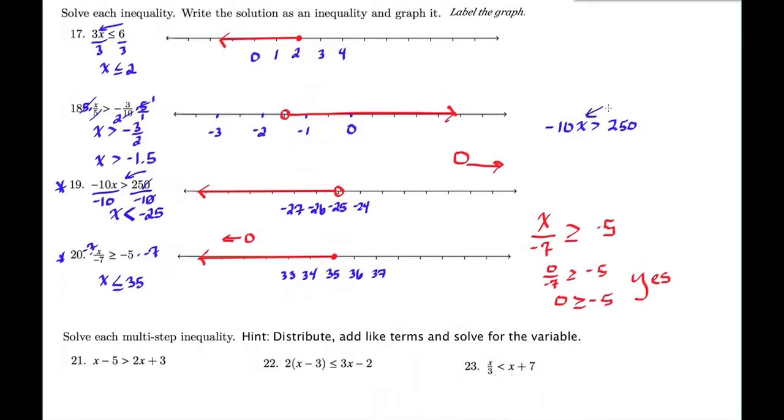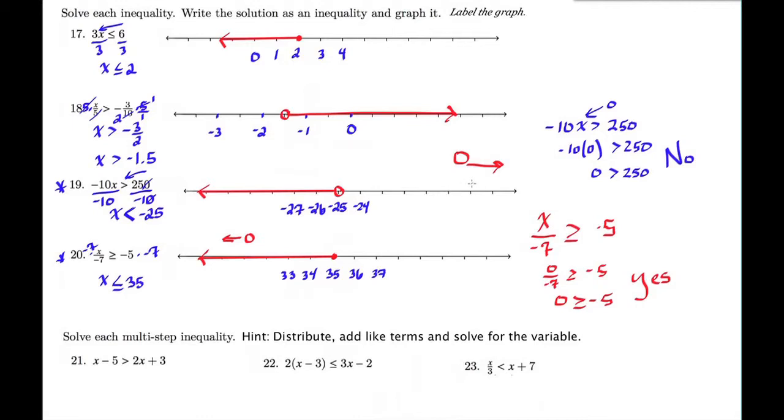So let's put 0 in here for x. Negative 10 times 0 is greater than 250. So negative 10 times 0 is 0. 0 is greater than 250. No. That's not true. 0 is not included in this solution.